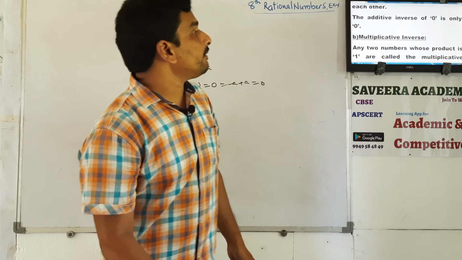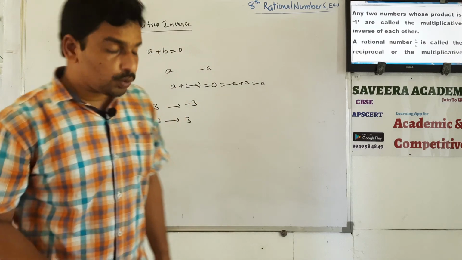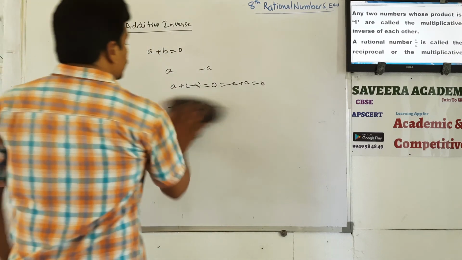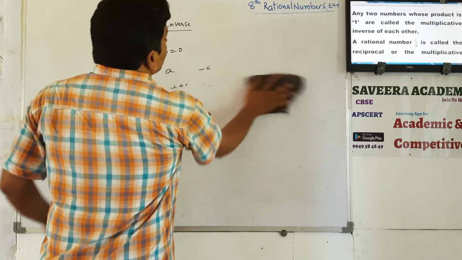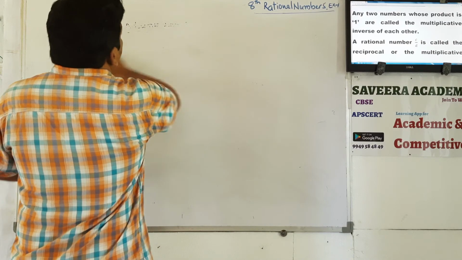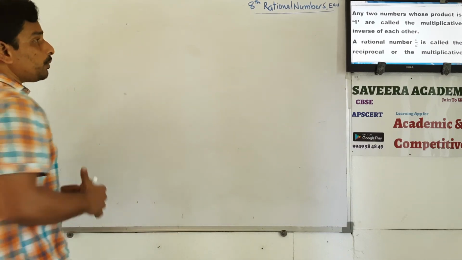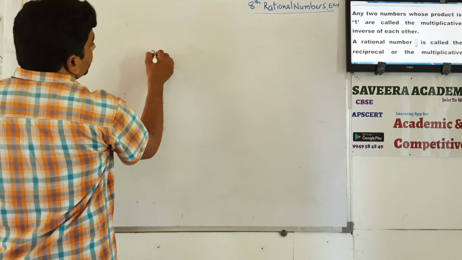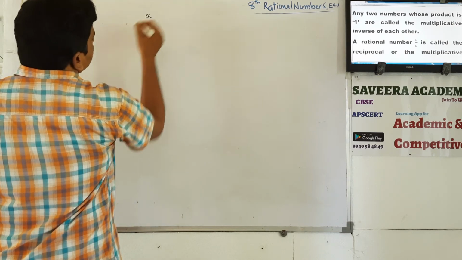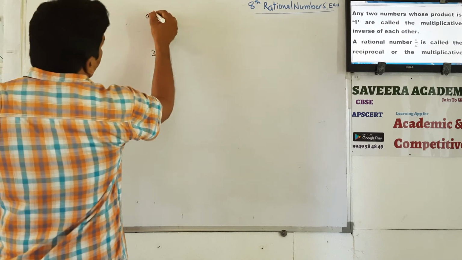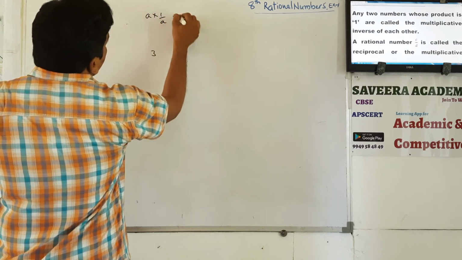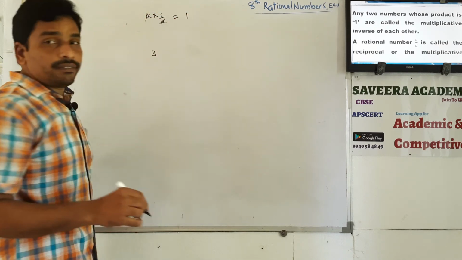Next, multiplicative inverse. If the product of two numbers is 1, then both of the numbers are called multiplicative inverse of each other. Suppose a is a number, then a into 1 by a, here a cancels, 1 you will get.